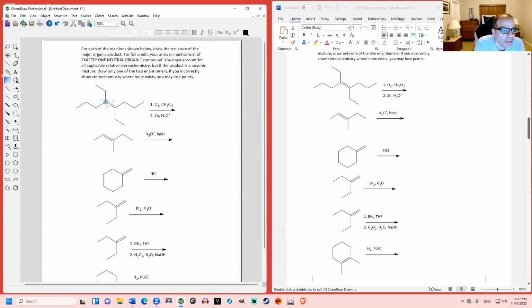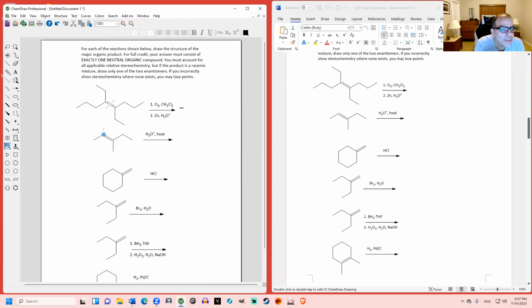But if you look, this is a symmetrical alkene. So both sides are the same. So you get two of the same molecule. It's 1, 2, 3, 4, 5, 6 carbons. 1, 2, 3, 4, 5, 6 carbons. This alkene is symmetrical.